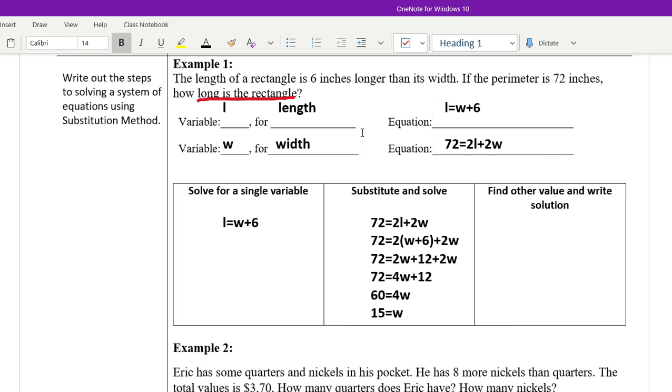The third column, we rewrite our first column's equation. Make sure you use the proper variable. We have a specific value for w now that we can plug in.